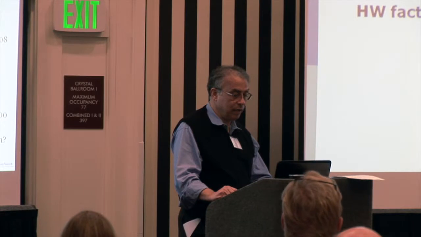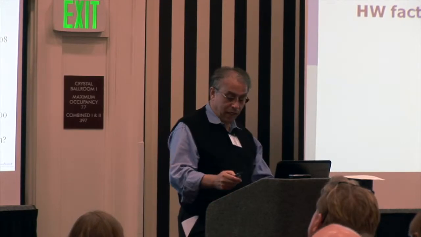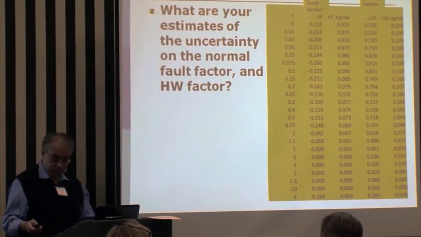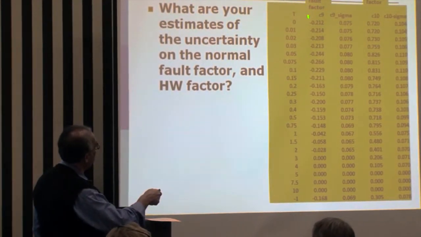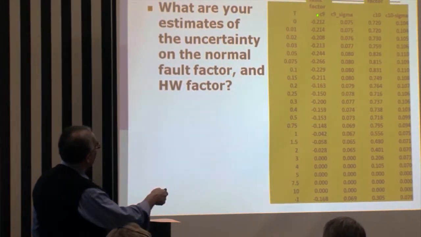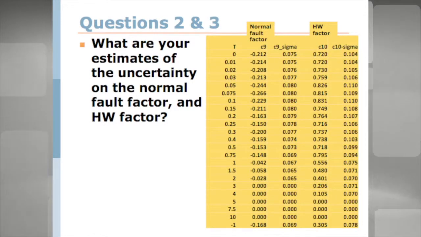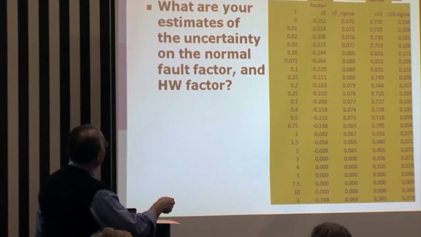Questions 2 and 3 were the estimate of the uncertainty for normal fault and hanging wall factor. So this is our coefficient for normal fault, C9. These are the numbers: periods, PGA, all the way to 10 seconds, then PGV, and these are the values, and these are the errors of the coefficient. And this is the same thing for C10, our hanging wall factor, so this coefficient goes in front of the hanging wall model coming from Jennifer, with some modification on the distance versus period, and the estimate of the error.